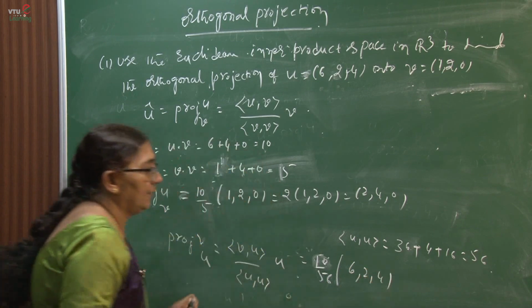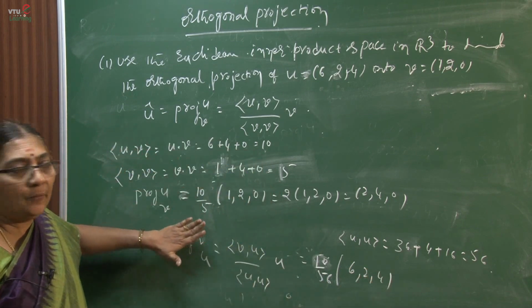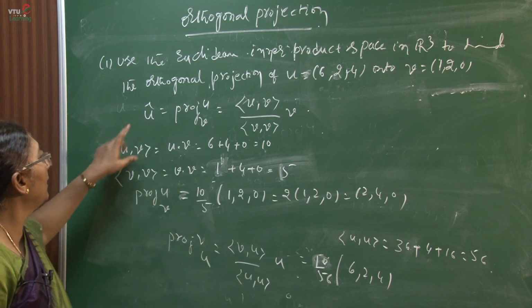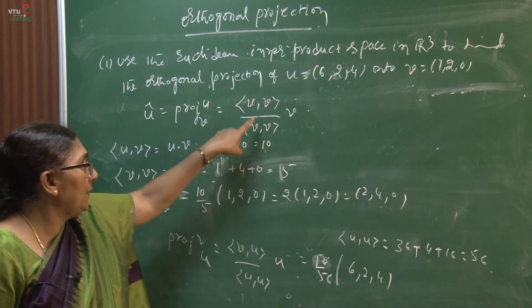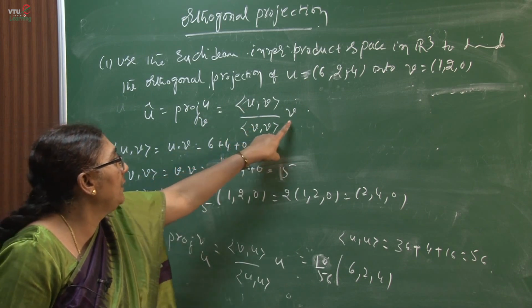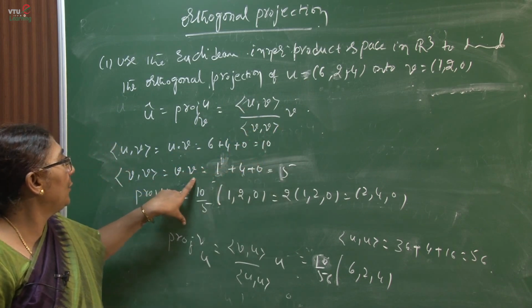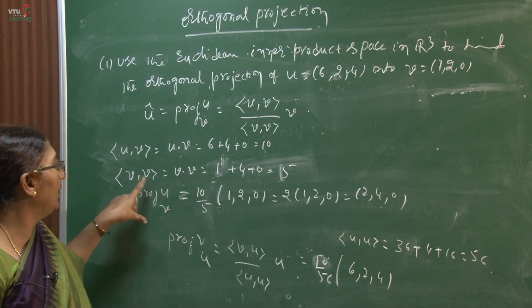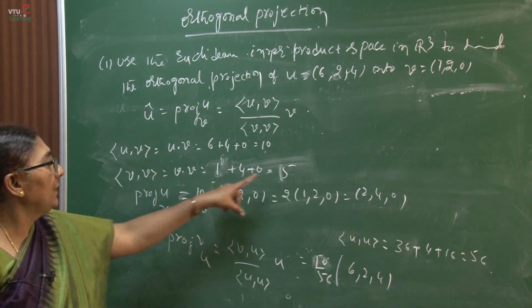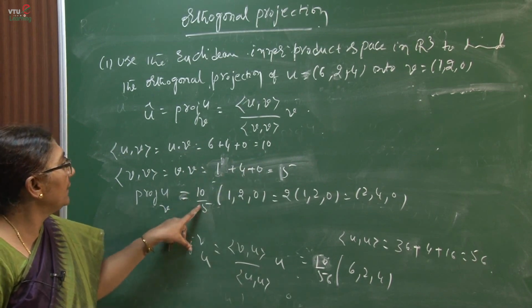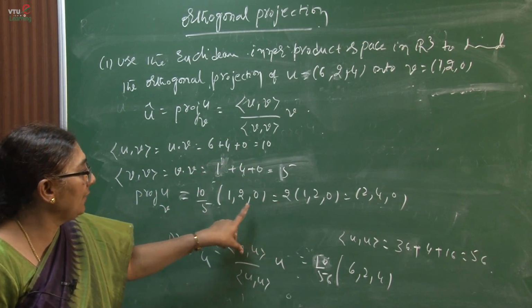Before winding up, let me repeat within one minute. To find proj of u onto v, it is the inner product of u comma v divided by the inner product of v comma v, into v. I made a mistake here: the inner product of v comma v is 1 square plus 2 square plus 0 square, which is 5. Substitute that, and substitute the v value, not the u value.